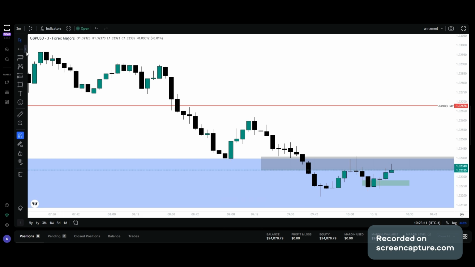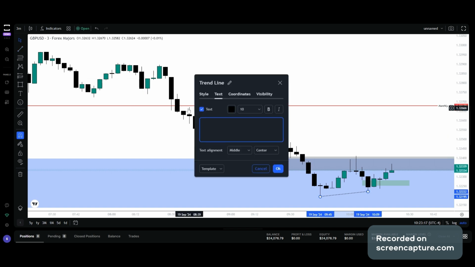I'll plot it right here. 3-minute bullish, or I could just put positive SMT with EU.